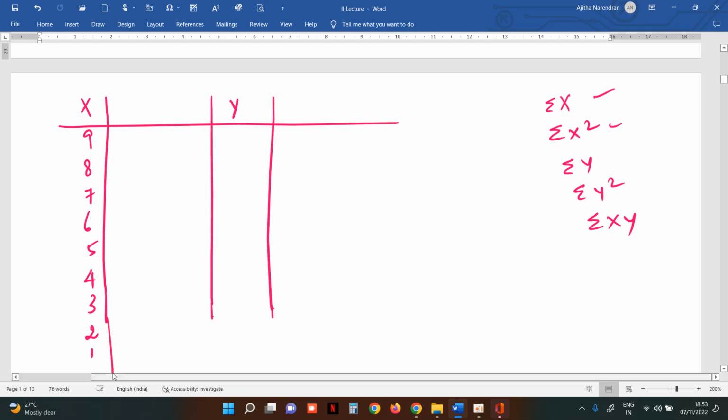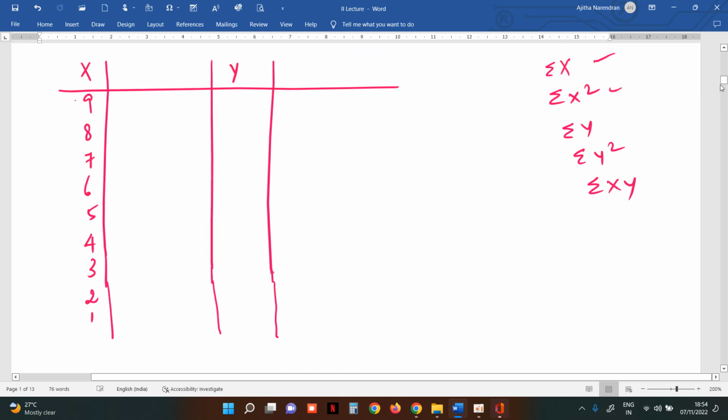You can see that the figures given are single digit, and in case of single digit we can use this direct method, right? The calculation won't be that tedious. In case of y, the values are double digit: 15, 16, 14, 13, 11, 12, 10, 8 and 9, right? So these are the question figures which are being given.